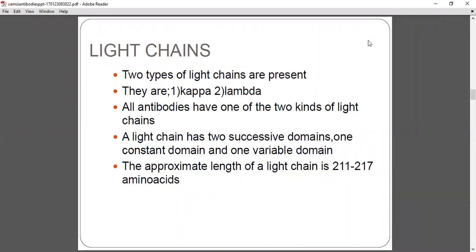So this will be reinforced and has grave importance in delineating different types of plasma cell cancers or neoplastic processes. Just as we described in the reddish little tubular structure, a light chain has two successive domains, one constant and one variable domain. Let's continue.